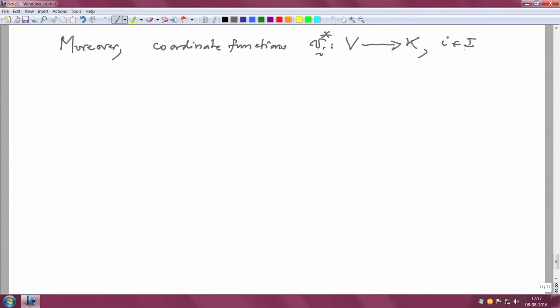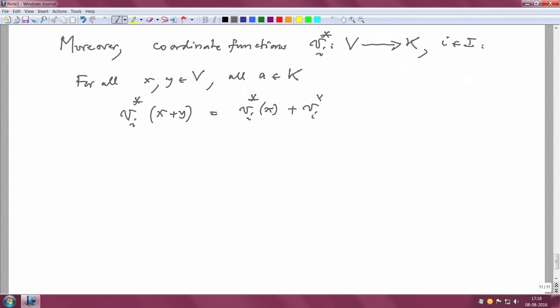They are numbered by the same set, and they respect addition of V and scalar multiplication of V. That is, for all x and y vectors in V, and all scalars a in K, these two equations hold: v_i star of x plus y equals v_i star of x plus v_i star of y, and v_i star of a x equals a times v_i star of x.